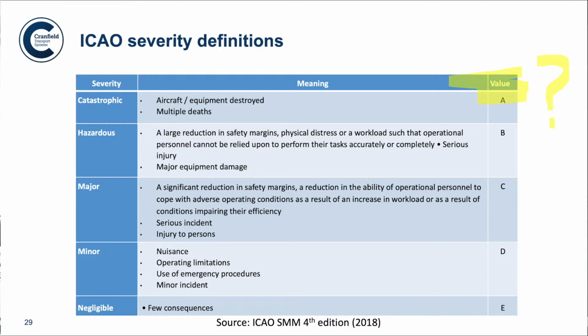And as I said, severity is easier to actually define when it comes to risk assessment, because we can usually look down that list and work out what is the most likely or the most credible outcome for whatever hazard it is that we're looking at. But when we're talking in terms of values, it does make us feel that we are dealing with something that's more quantifiable and perhaps more numerically based than what risk matrices actually are.